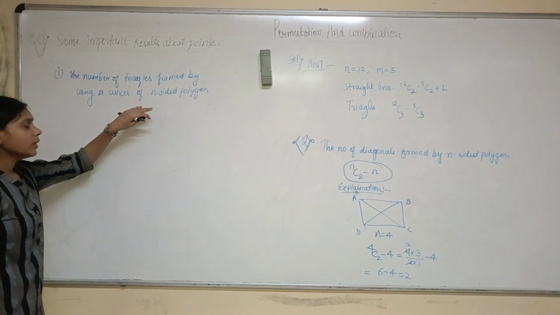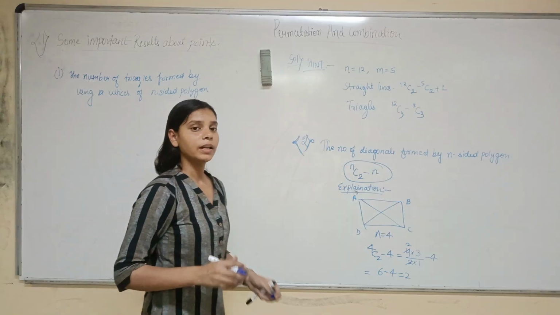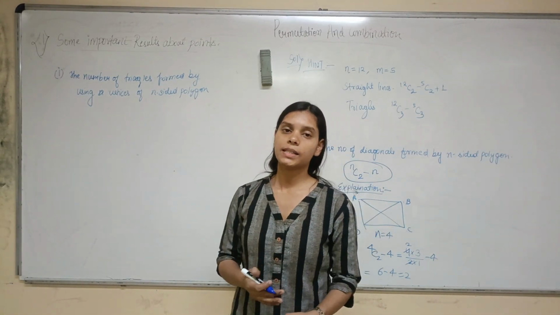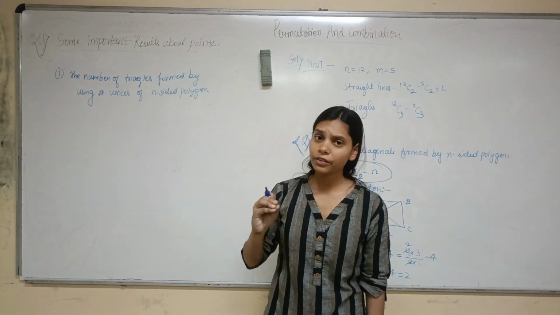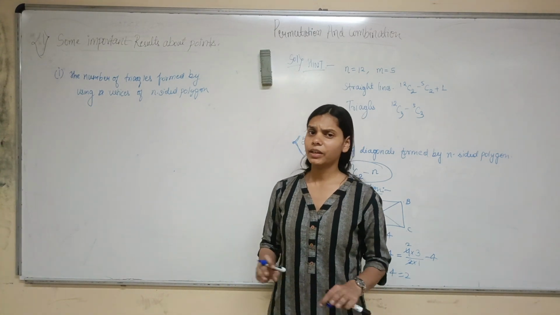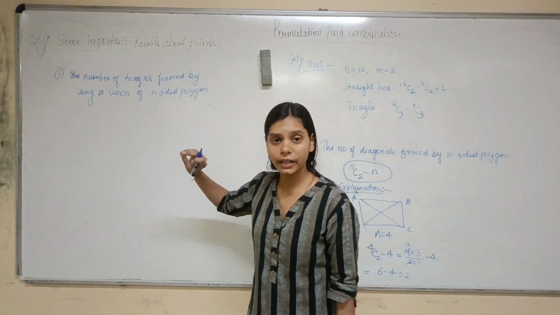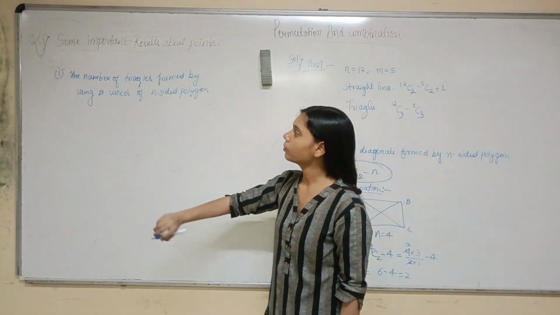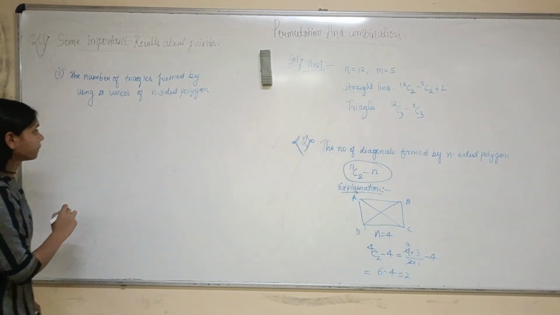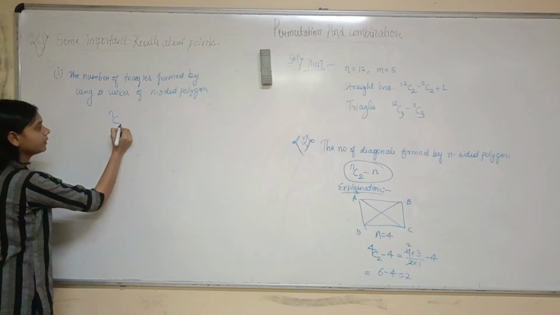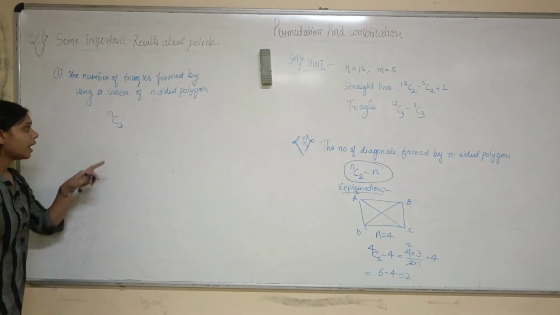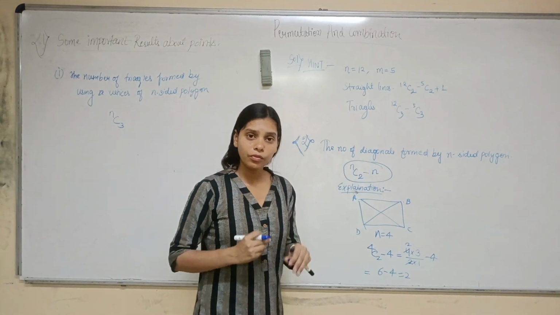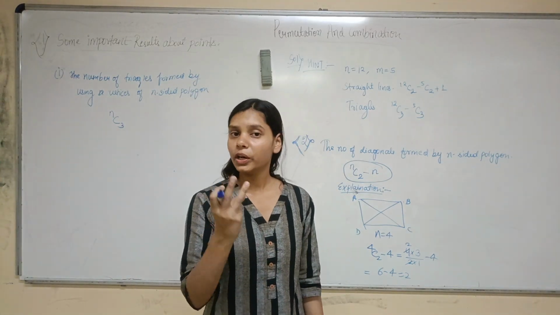Now if you want to find the number of triangles in an n-sided polygon, whatever be the value of n, it doesn't matter. If you have a 100-sided polygon, how many triangles do you obtain? The direct formula is given by nC3. Why do we take nC3? Because the total number of points is n, and for forming a triangle, how many points are needed?